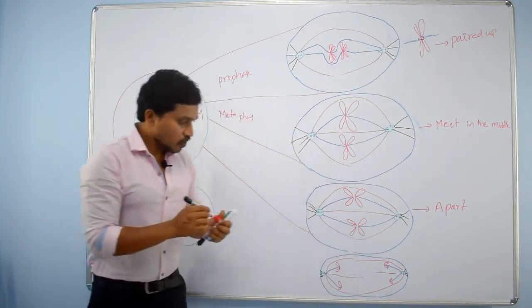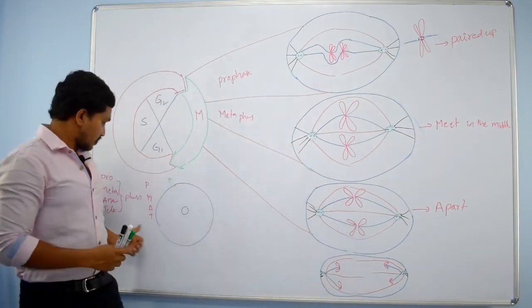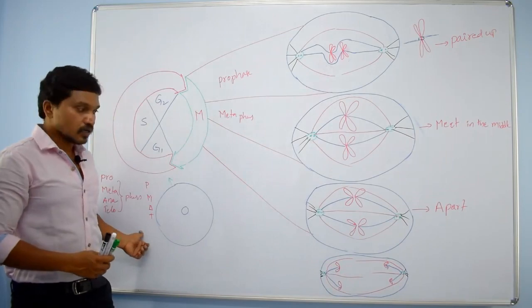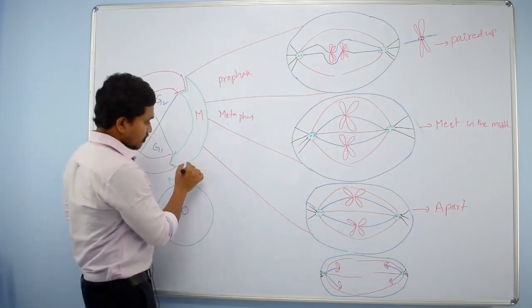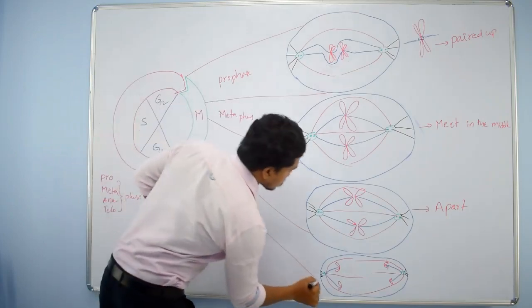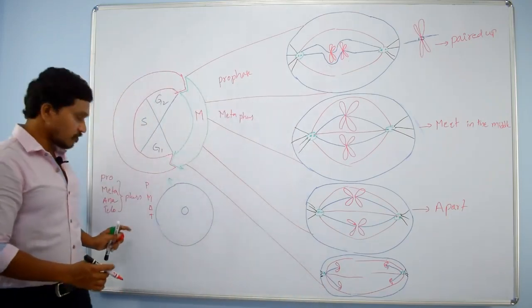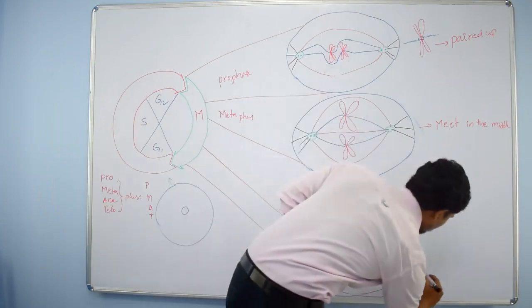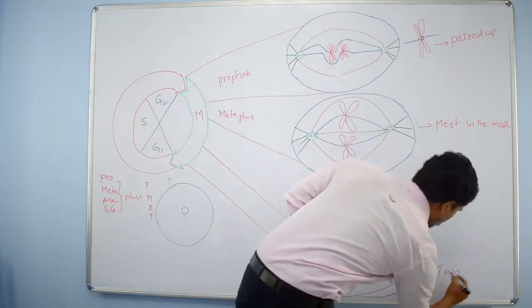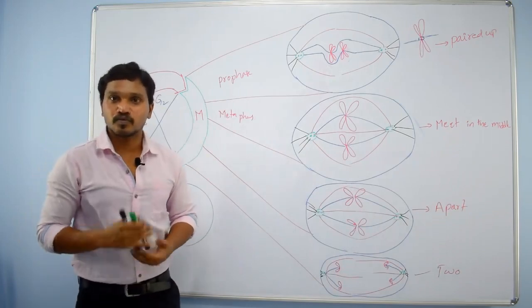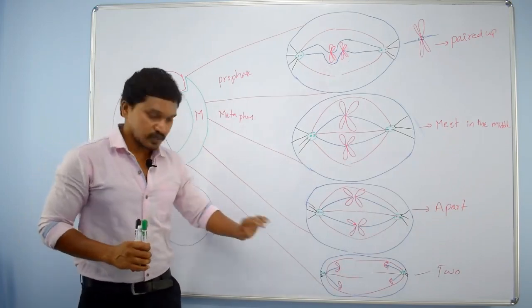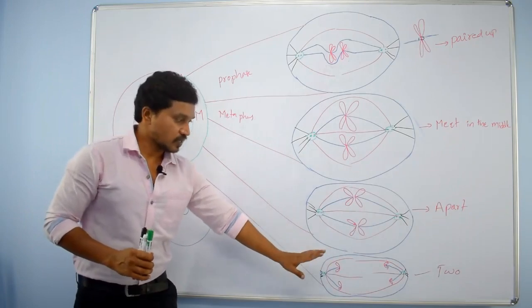Okay, so now what will happen? This is the last phase, telophase. So what is the process here and how will you remember? T for 2, T for 2. Here something is going to become 2. What is that? I will tell you after completion of the explanation.